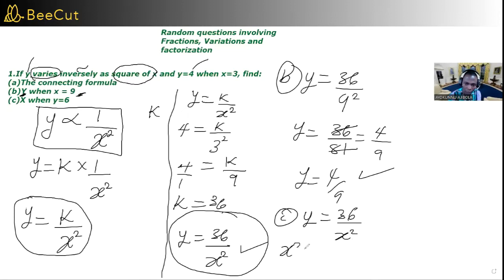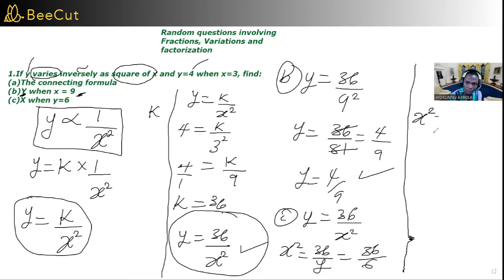So x squared will now be 36 over y. That will be 36 over 6. So x squared equals 6. Then x is square root of 6.